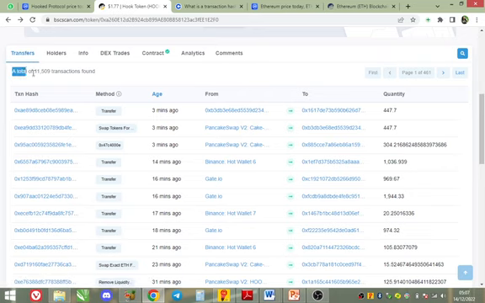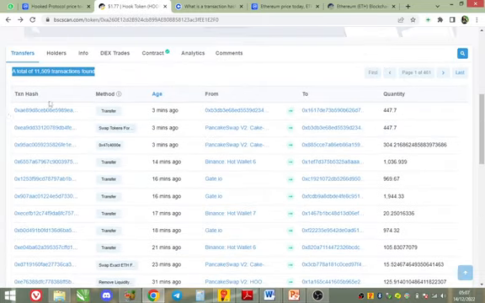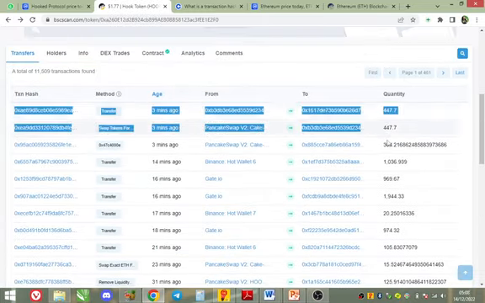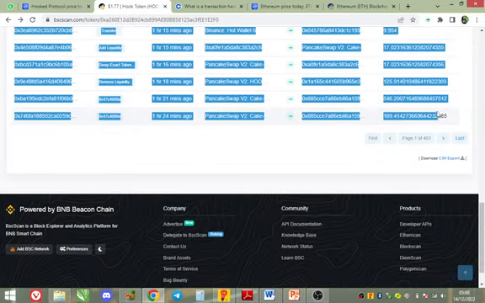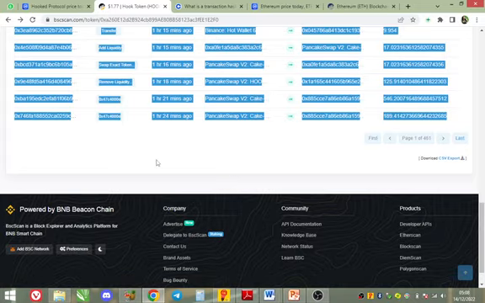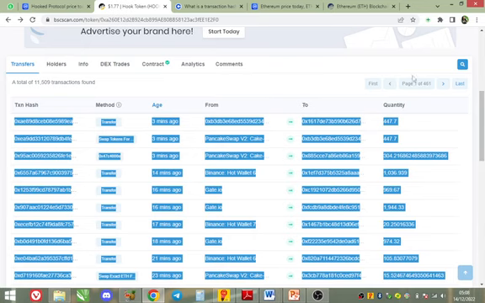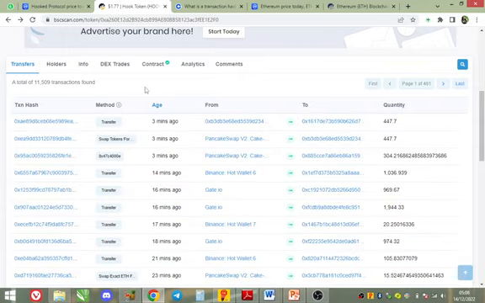On this transfer tab, you can see a total of 11,509 transactions found. You can go through the pages one by one to go through all the transfers that have already taken place on this particular Hook token.